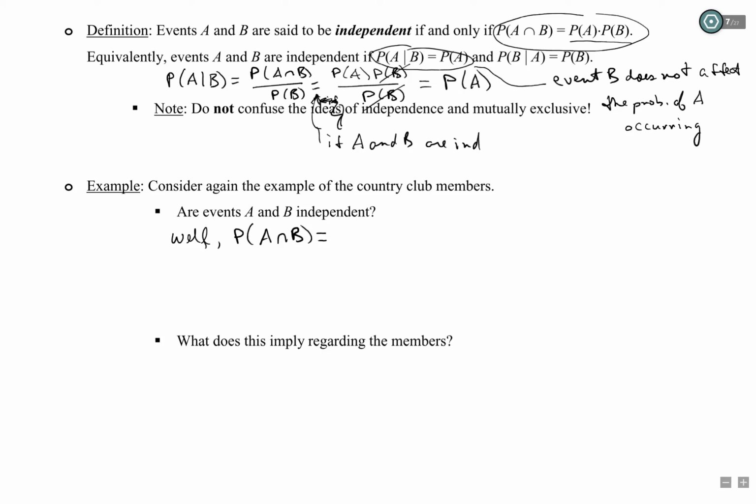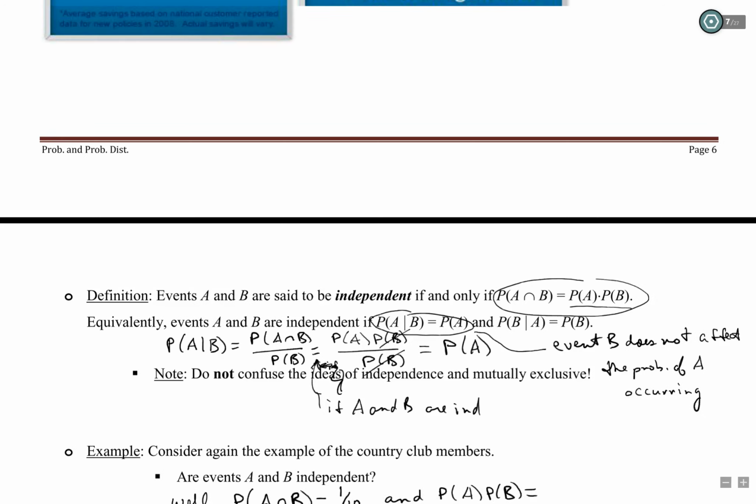That's only the case if they're independent. I have to verify this equation for independence. But P of A intersect B, if you recall, is 1/10. It was 10 out of 100. And what was P of A times P of B? Well, P of A was, better go back to it.